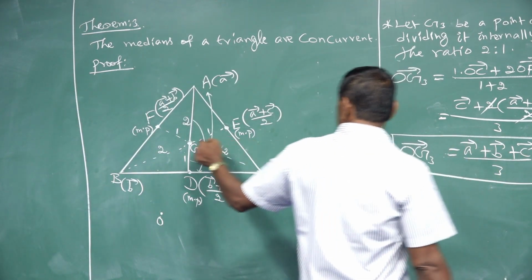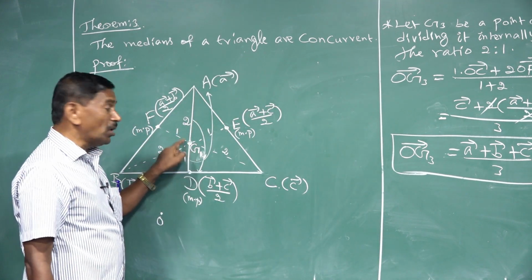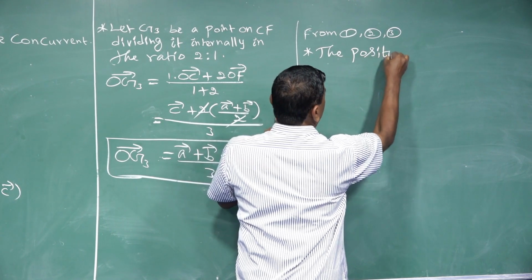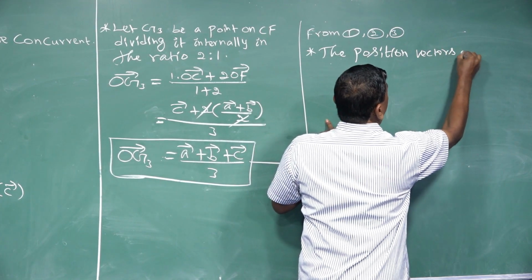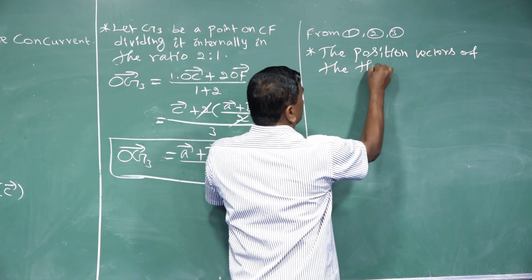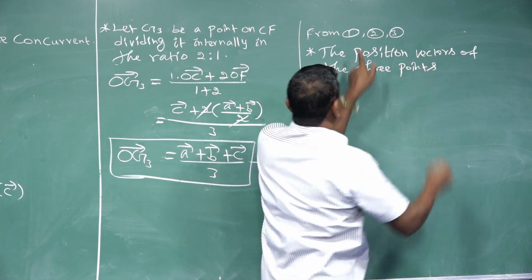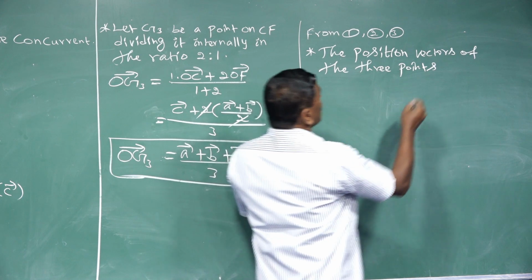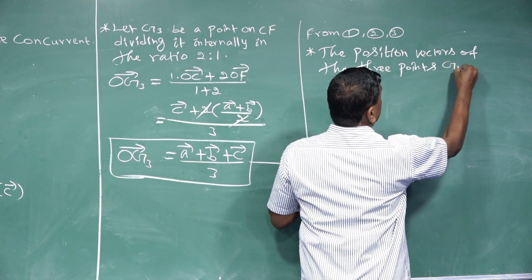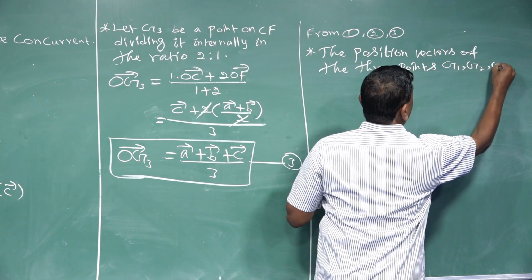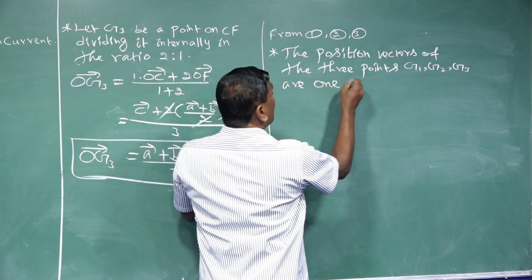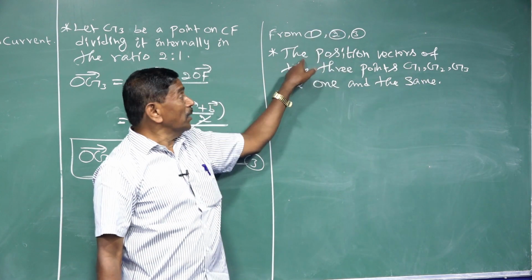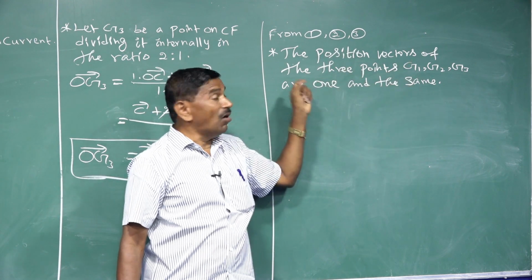Now from 1, 2, 3, the position vectors of the 3 points G1, G2, G3 are one and the same.